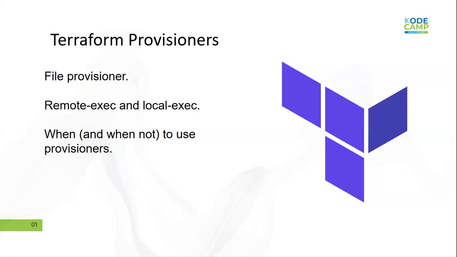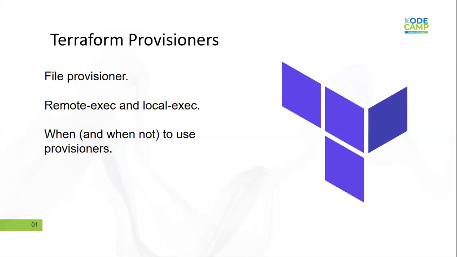So when you create the resource, your goal will now be to move that file to that EC2 instance and run it. That's when you use what? File provisioner. So you should understand the three of them.